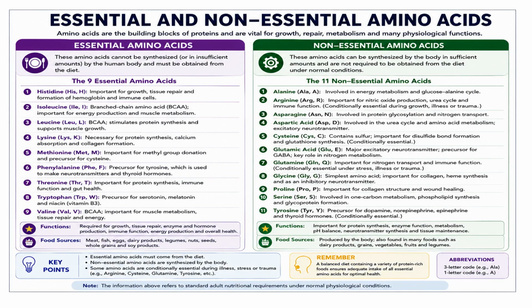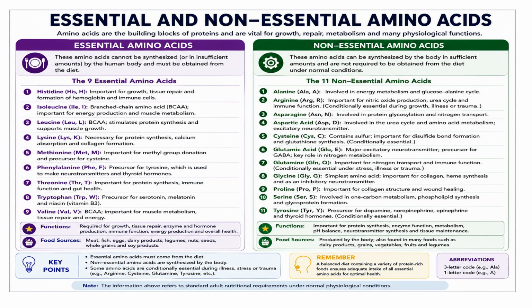The 9 essential amino acids in adults are histidine, isoleucine, leucine, lysine, methionine, phenylalanine, threonine, tryptophan, and valine. They are required for protein synthesis, tissue maintenance, growth, and various metabolic processes. Good dietary sources include meat, fish, eggs, dairy products, legumes, nuts, seeds, and whole grains.